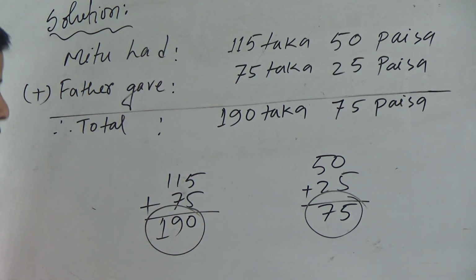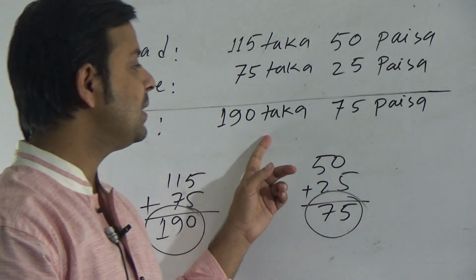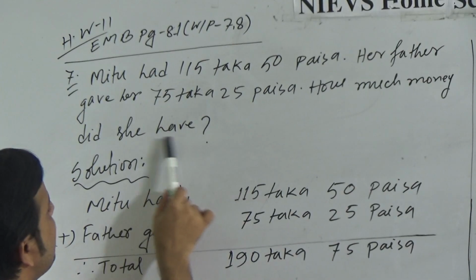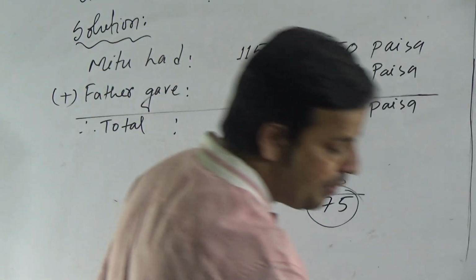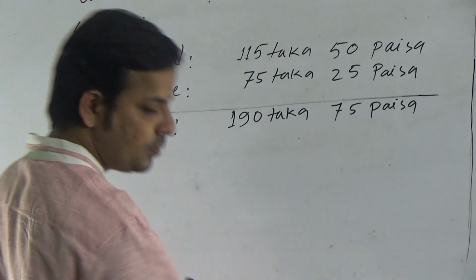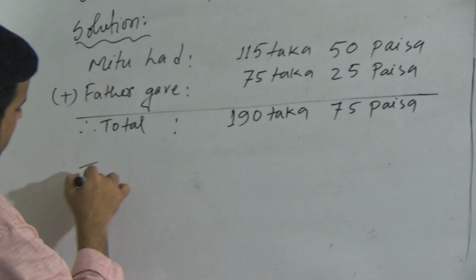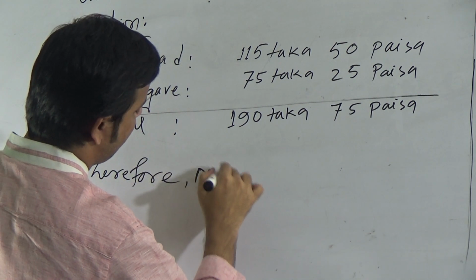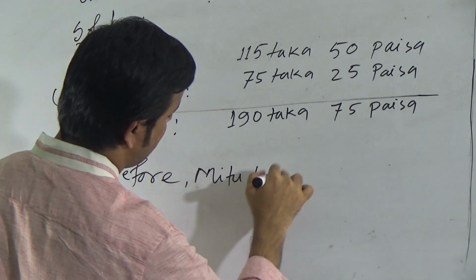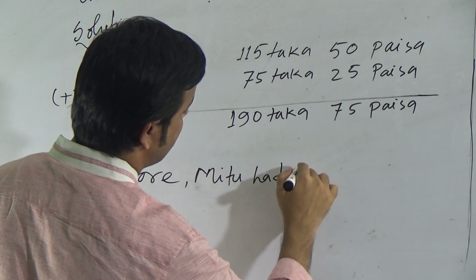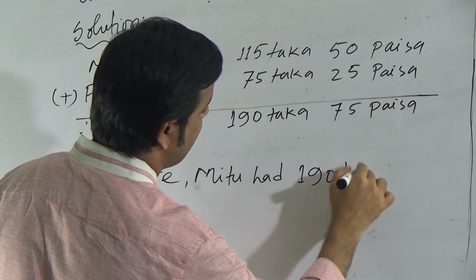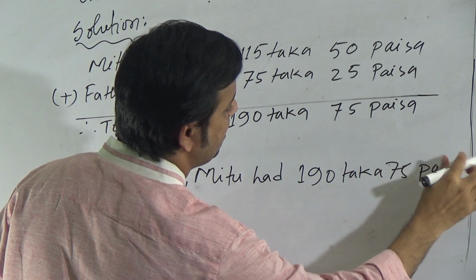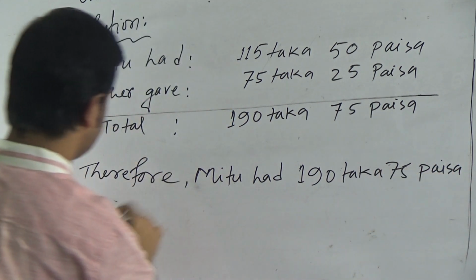It means that total Mitu had 190 taka 75 paisa. Our question is how much money did she have? It means that therefore Mitu had, we can write therefore Mitu had 190 taka 75 paisa in total.